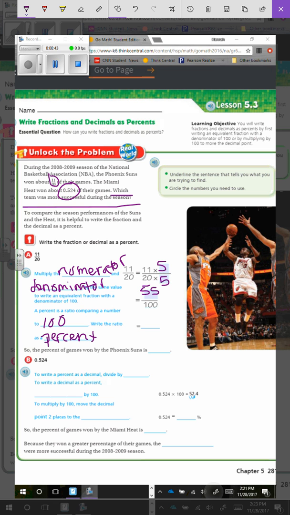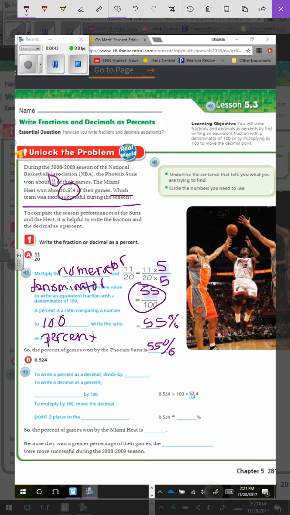If we write the ratio, which is right here, 55/100, as a percent, using the information we know that a percent is a ratio comparing a number to 100, then we know that it is equal to 55%. So the percent of games won by the Phoenix Suns is 55%. Do not forget those labels.